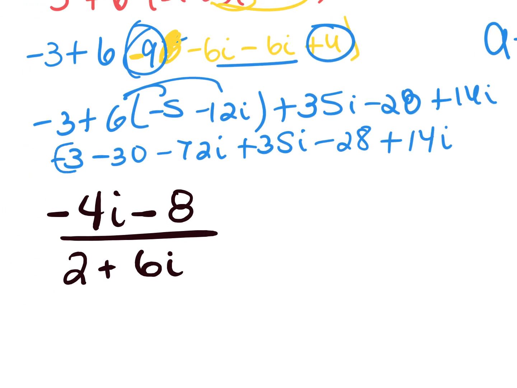I have negative 3 minus 30. Negative 33 minus 28. What is it? Negative 61. You guys agree? 33, 28. Okay. So now negative 72 plus 35.